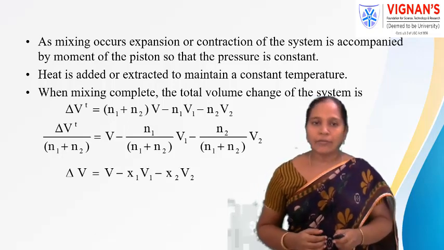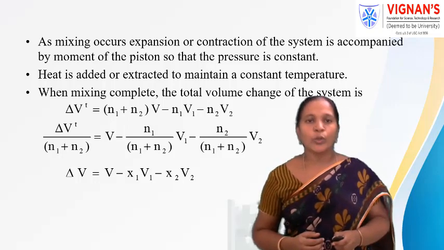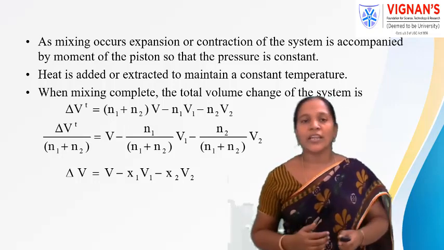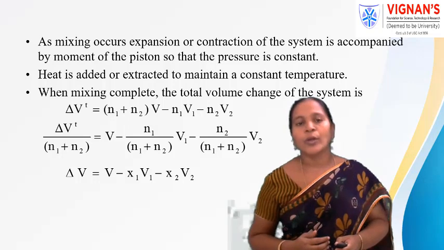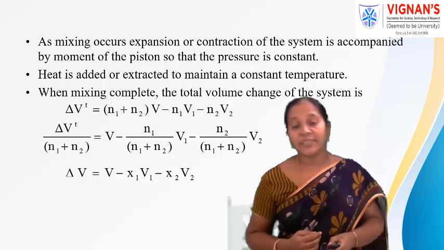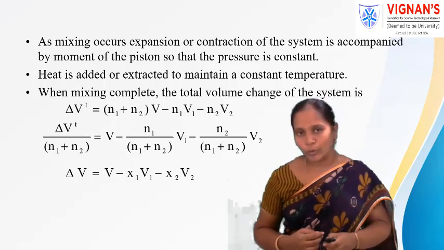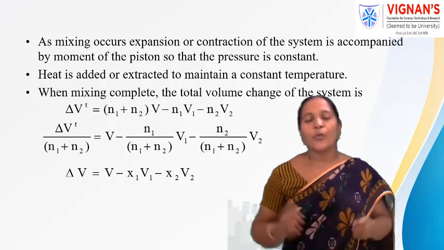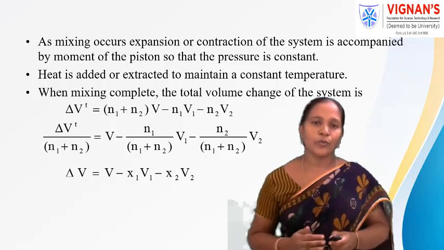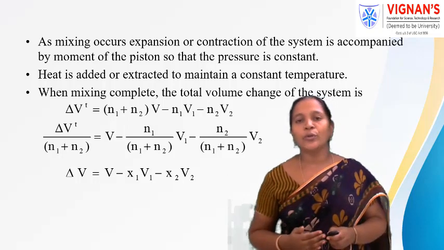Therefore, delta V, that is total volume by total number of moles, equals the specific volume change, which is V minus x1 V1 minus x2 V2.